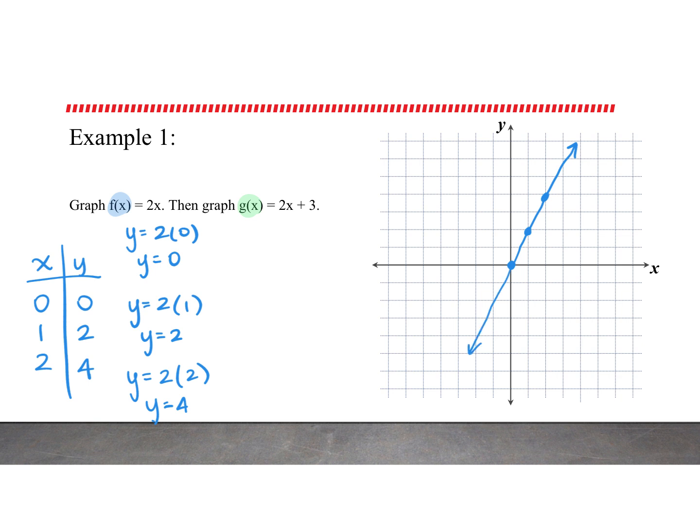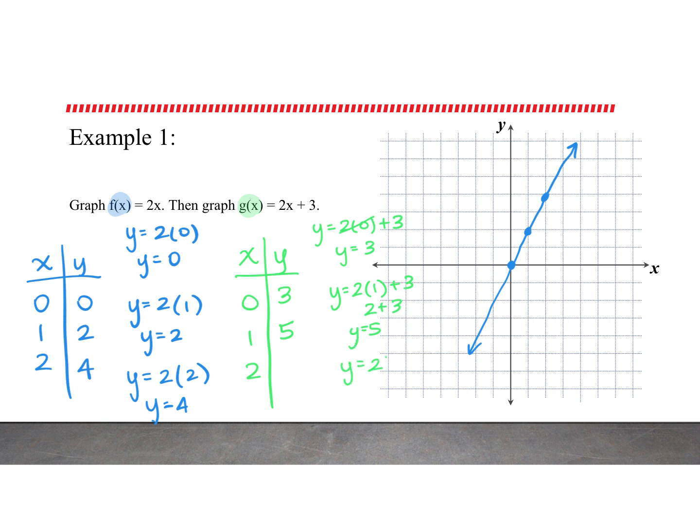Now let's do this one more time. We'll do this with our g function. We're going to use the same little t-chart, and let's use the same x values, 0, 1, and 2. So we're going to plug in 0 where the x goes in our equation. 2 times 0 is 0, plus 3 gives us y equals 3. 2 times 1 gives us 2, plus 3 gives us 5.